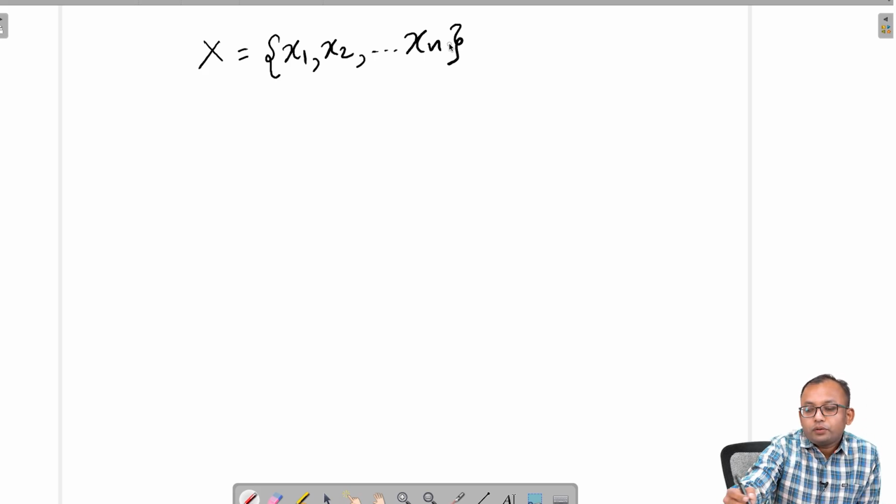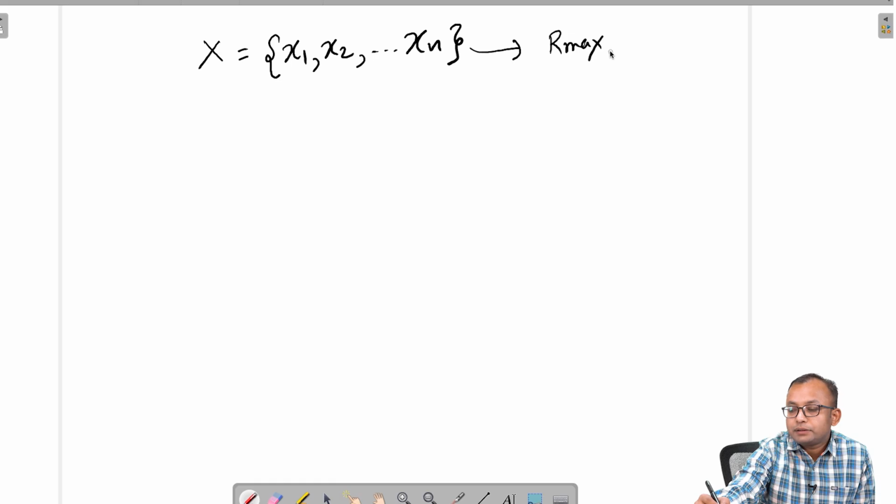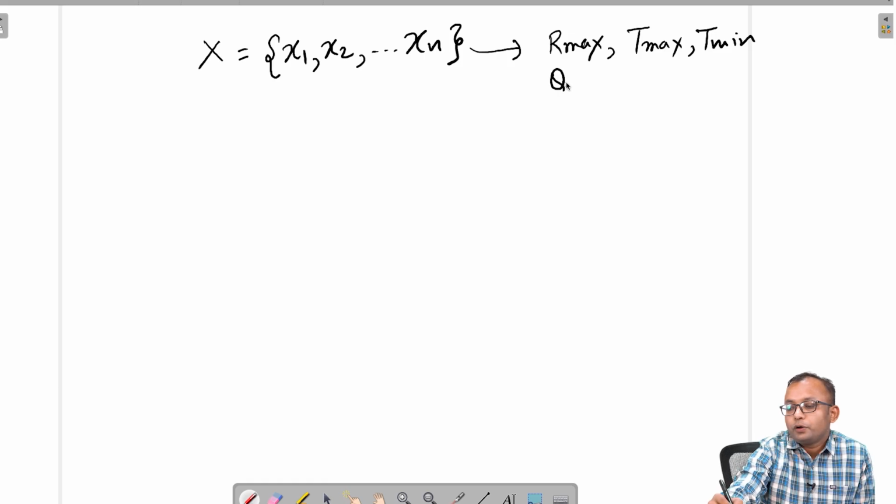This is your time series data set, where it can be R max, rainfall maximum, or your T max, T min, or Q max, etc.